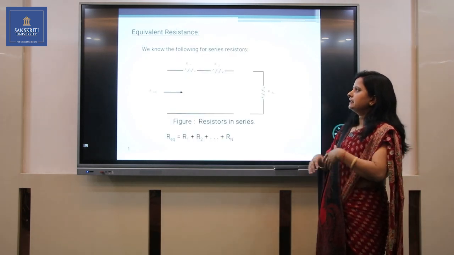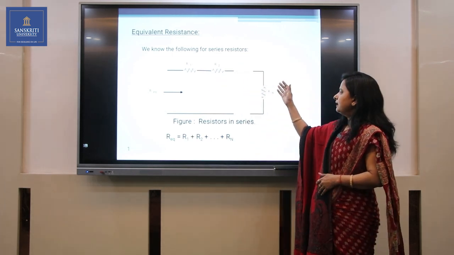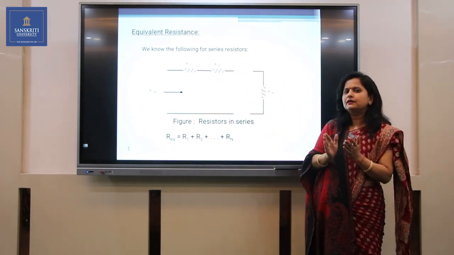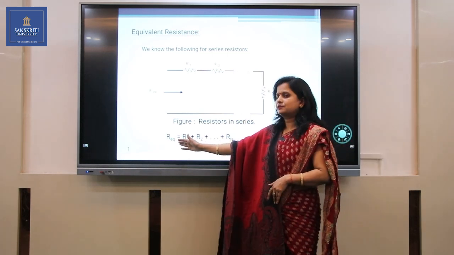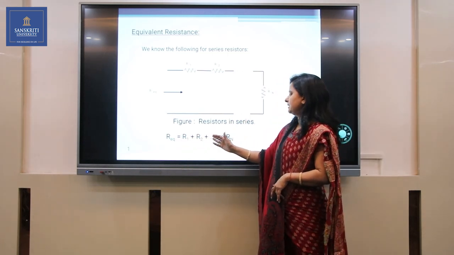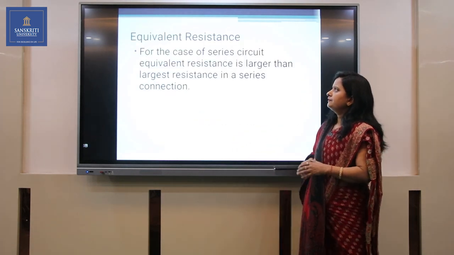Now if we are having the series circuit with R1, R2, R3, R4 and so on, Rn, that is n number of resistors connected in series, then their equivalent resistance will be R1 plus R2 plus R3 plus Rn and so on. So this is the equivalent resistance.